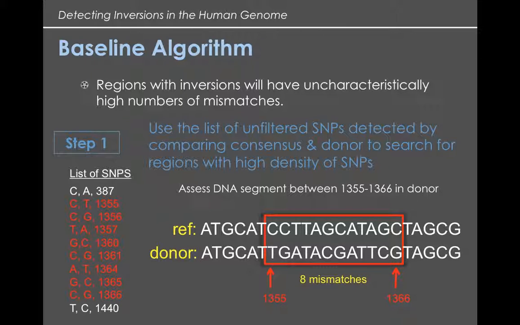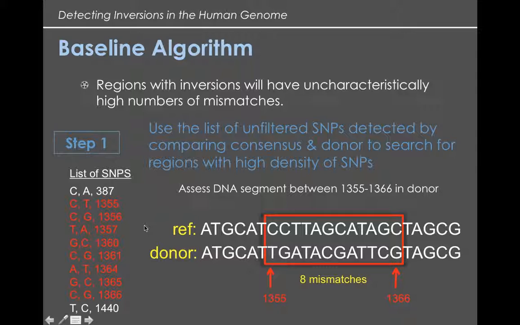So the baseline algorithm uses SNPs to estimate the rough range of where these inversions are, because we expect that regions that have inversions are going to have more mismatches. Using the basic aligner algorithm we've been using in this class, in the starter code, I use the list of unfiltered SNPs to come up with several ranges for where we can look for our inversions.